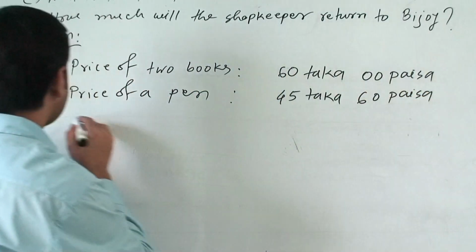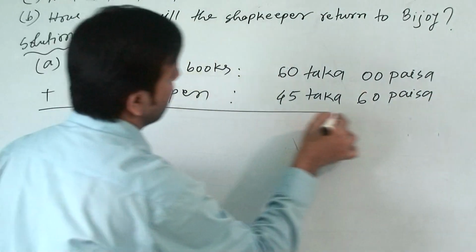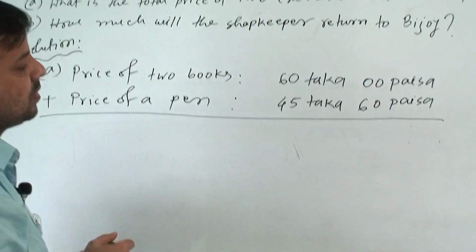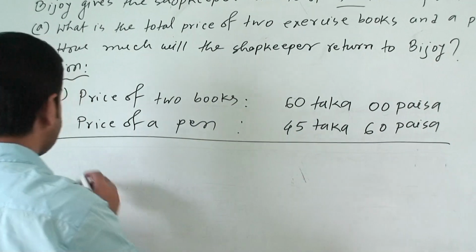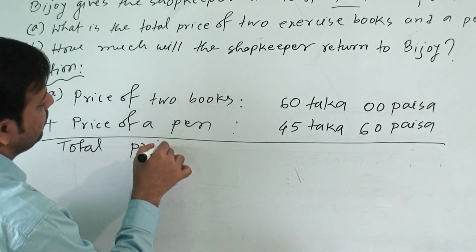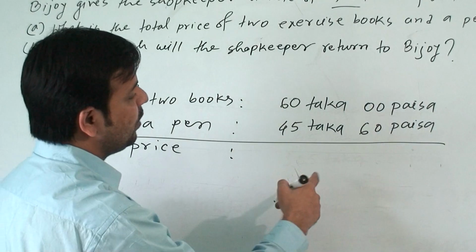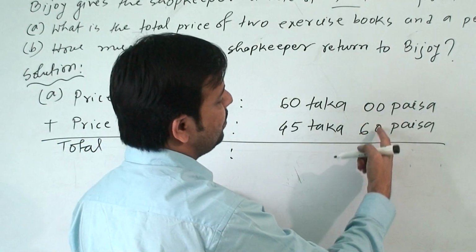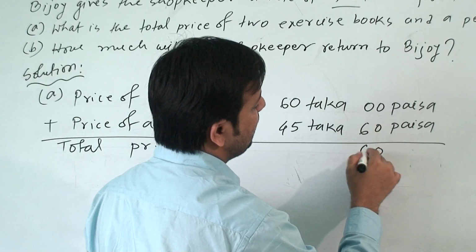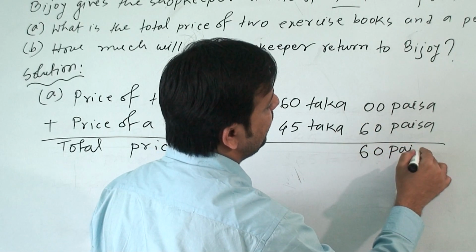Okay dear students, now we need to add these 2 prices. We'll get the total price of books and pen. So we can write total price. We have to add now. At first add paisa with paisa. So we can say here 0, here 6 and 0 is 6. 60 paisa.